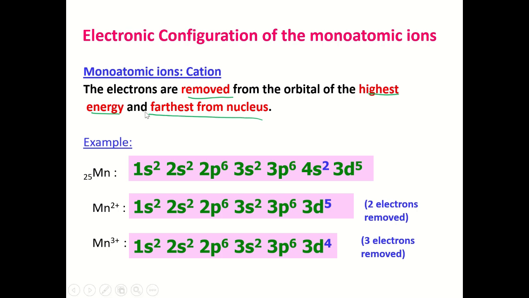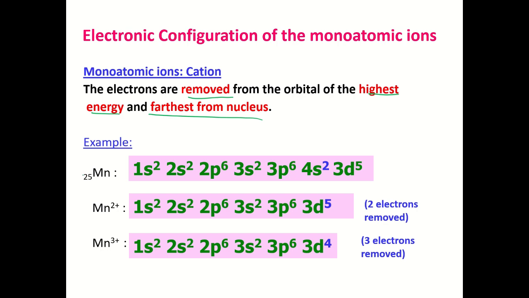Yes, because the further the orbital, the further the electron from the nucleus, the less attraction the electron feels. Therefore, when we want to form a cation, we have to remove electrons. So which electron are you going to remove? Please remove the one with the highest energy and farthest away from the nucleus.